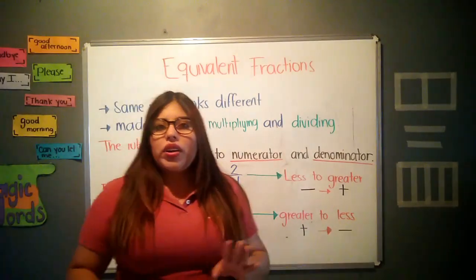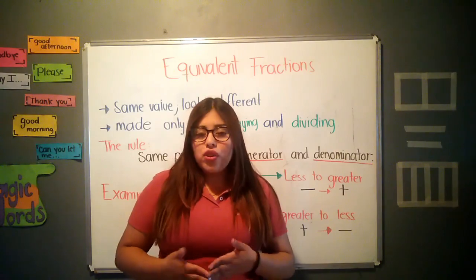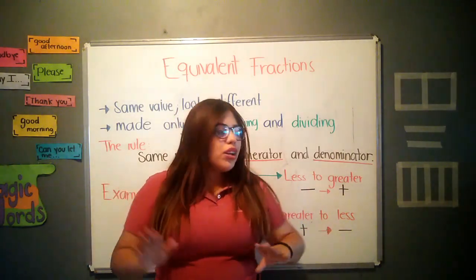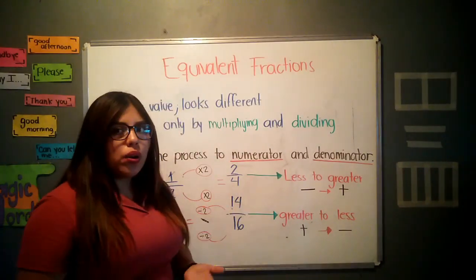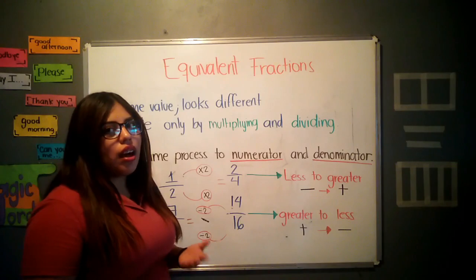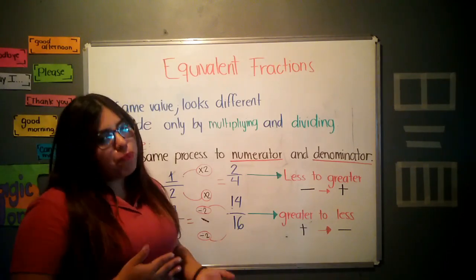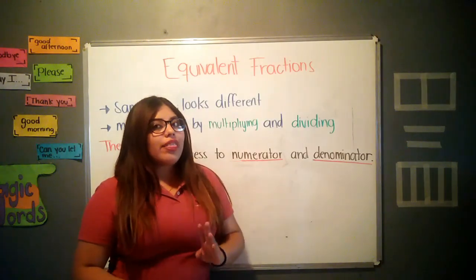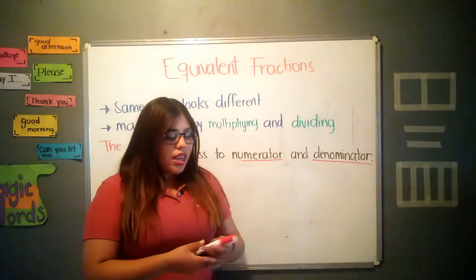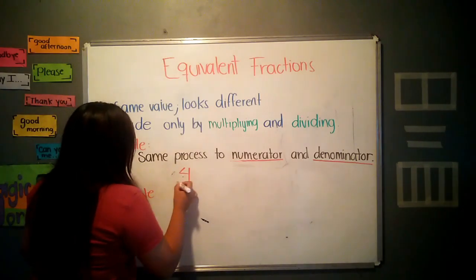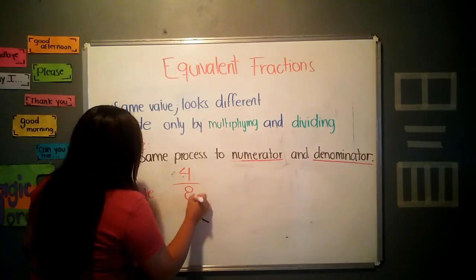To make it clear and to identify when you have to use the multiplying method or the division method, I'm gonna erase this part and show you how you can identify each one. For example, to identify the multiplying method, I'm gonna put in here 4/8.